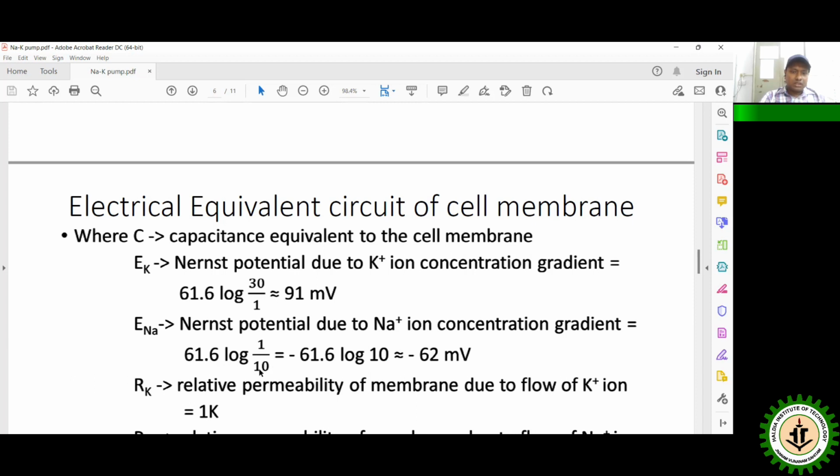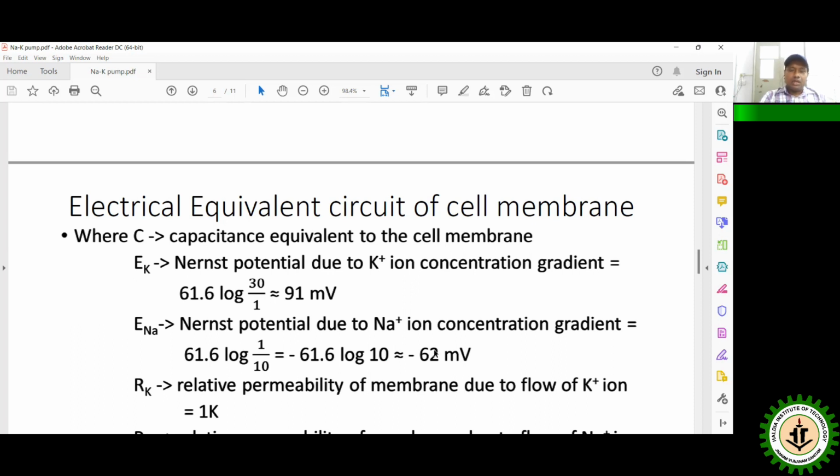Due to the polarity constraint, we have mentioned this is the inside, outside. By application of logarithm base 10, we get minus 61.6 log 10, that means approximately minus 62 millivolt.